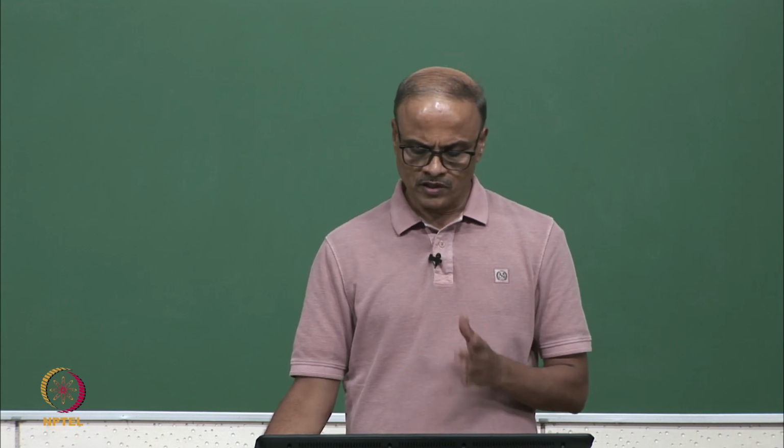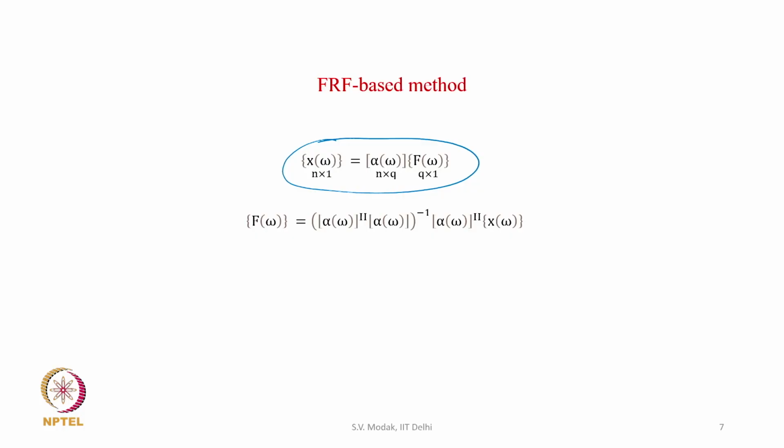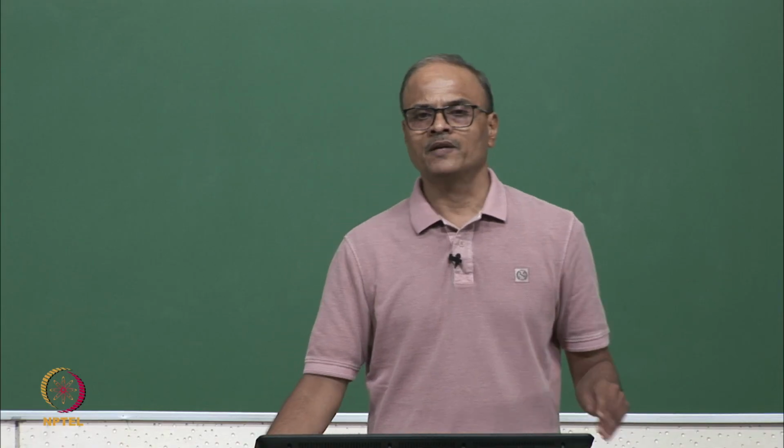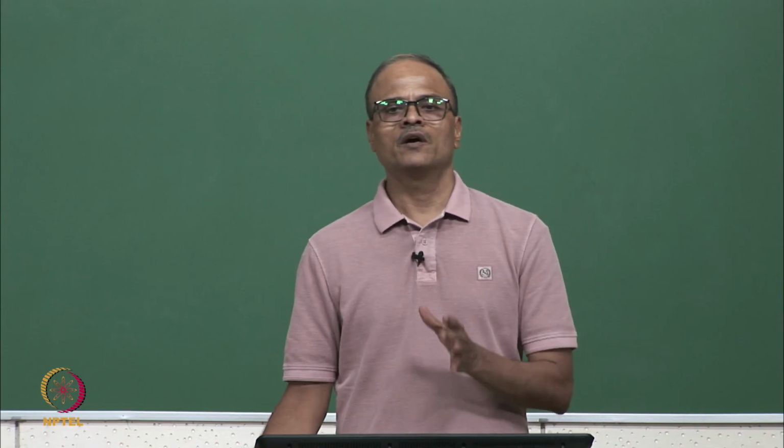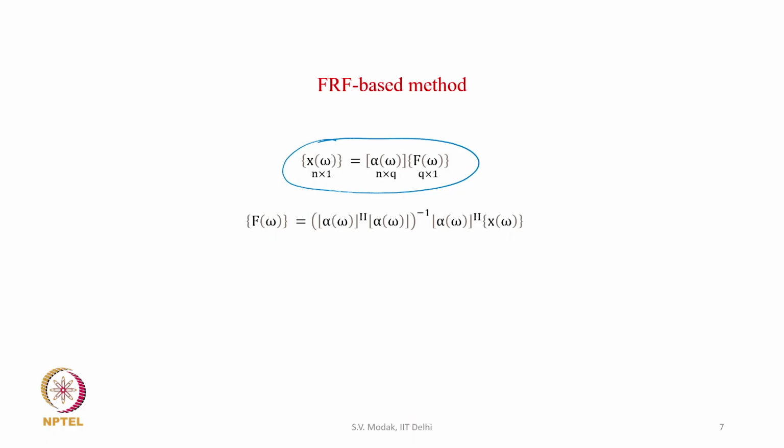The least square solution is given by this equation: f of omega is equal to the inverse of the product of the Hermitian transpose of alpha multiplied by alpha, and this is multiplied by the Hermitian transpose of alpha. Because alpha in general is a complex matrix, Hermitian transpose is taken here. This equation gives us the estimate of f.